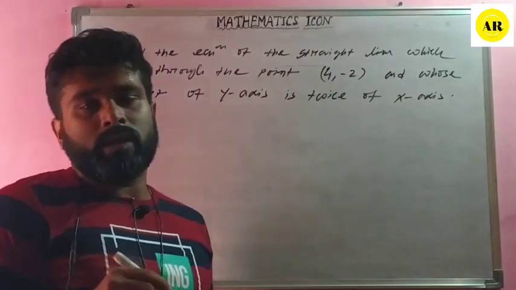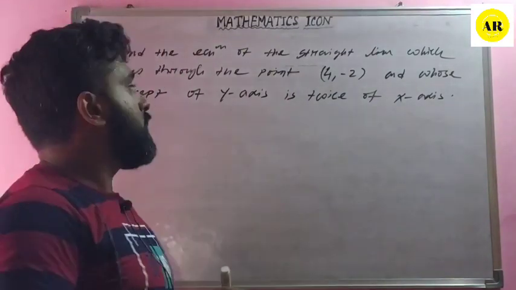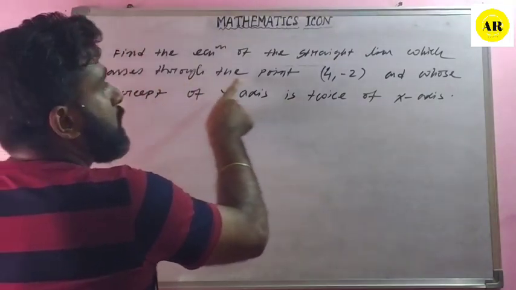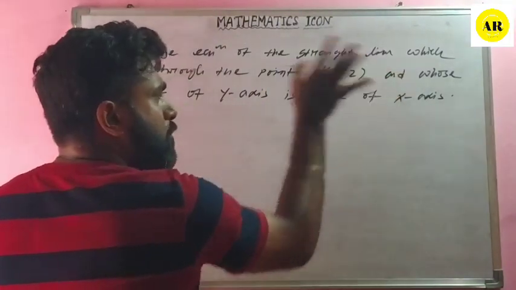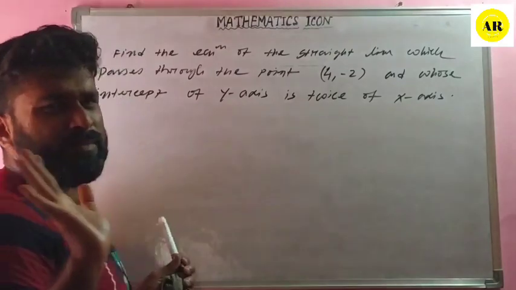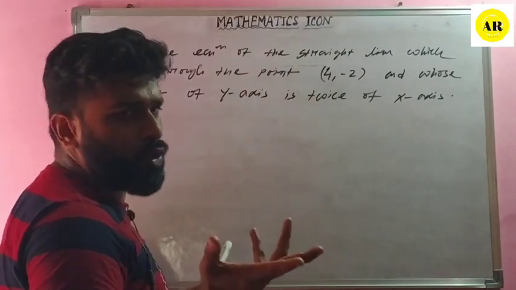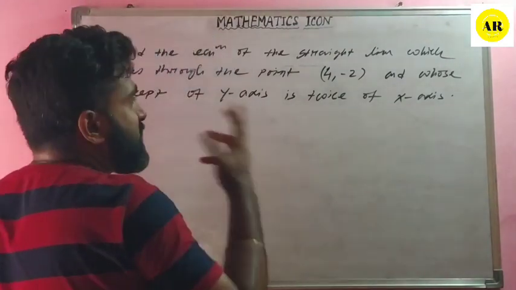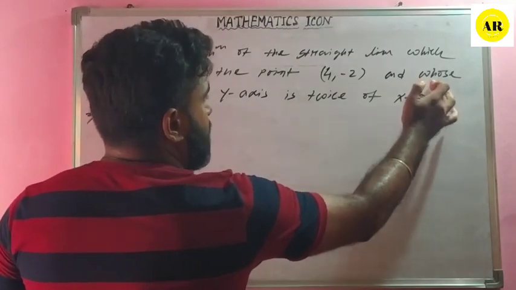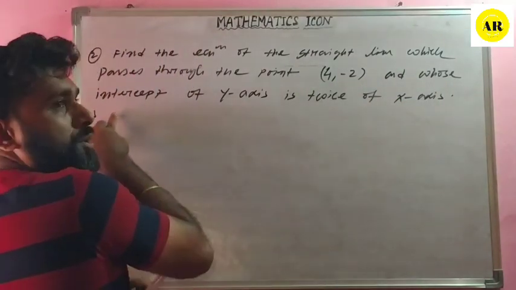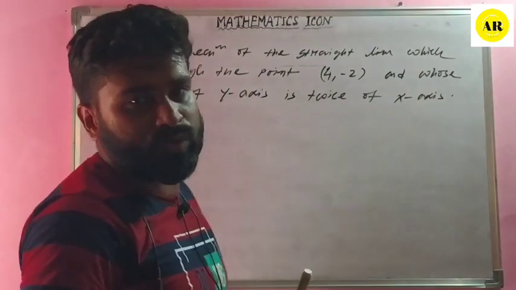Okay, that means here you can see passes through the point this. Up to this part, the simple calculations, the simple formation is being surfaced. Okay, and after that, and whose intercept, this intercept word is used again.